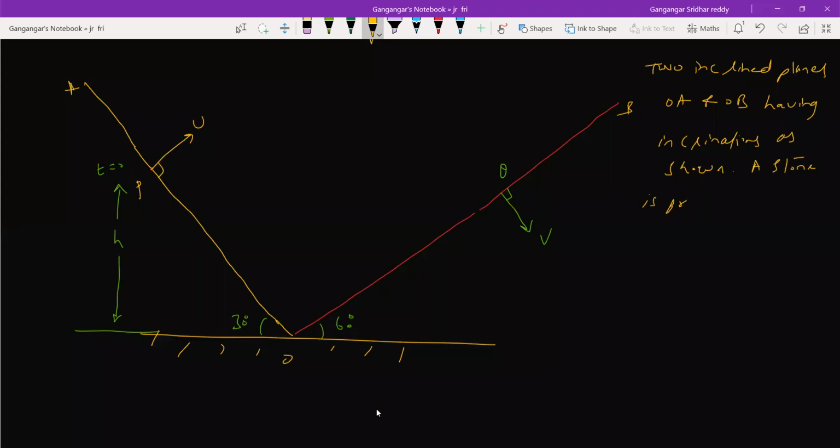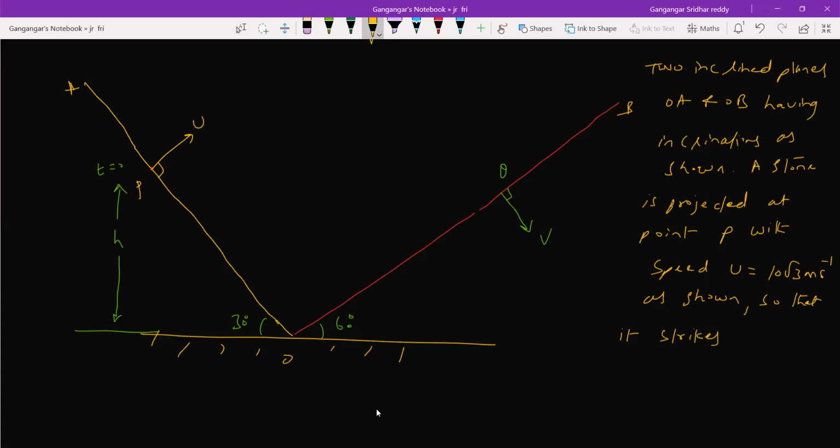A stone is projected at point P with a speed u equal to 10 root 3 meter per second as shown, so that it strikes the incline OB normally at Q.